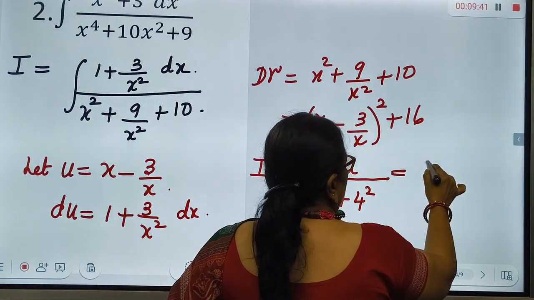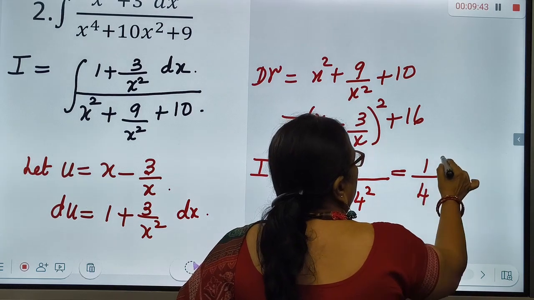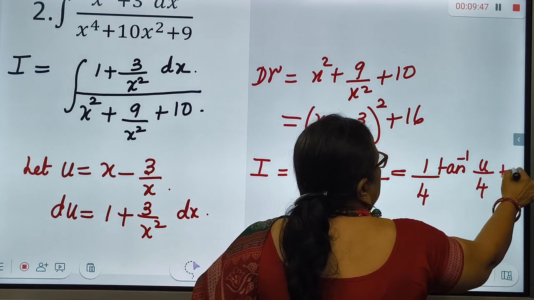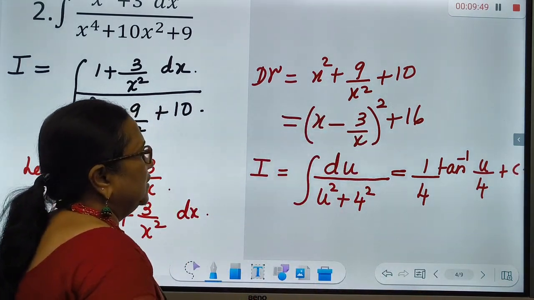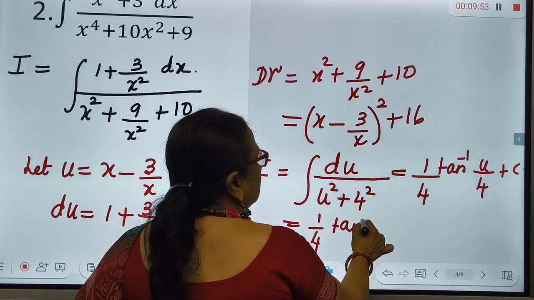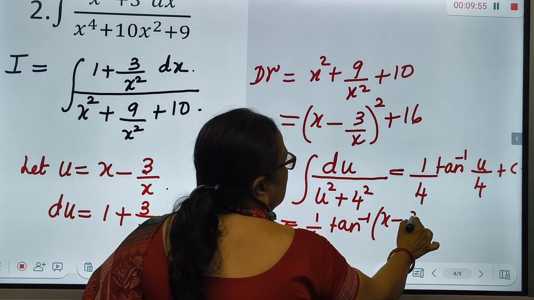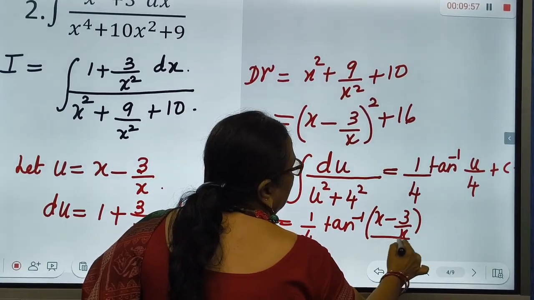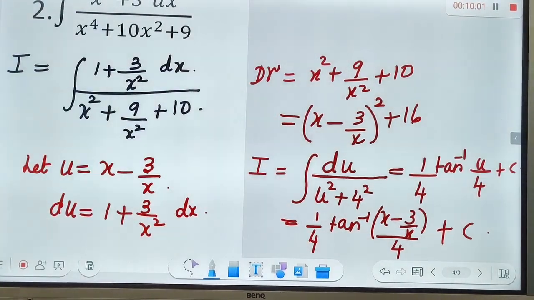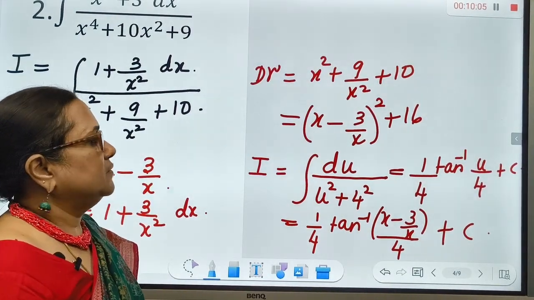So this will be 1 by 4 tan inverse u by 4 plus c. This is 1 by 4 tan inverse of x minus 3 by x by 4 plus c.